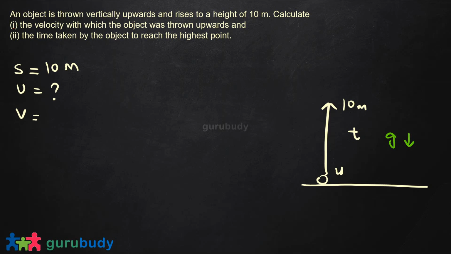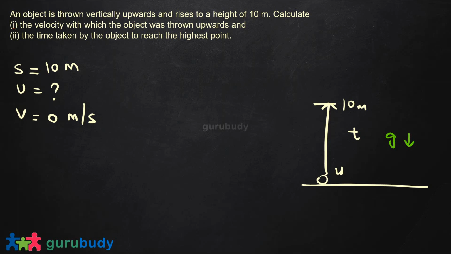Final velocity is what happens to the object when it reaches the height of 10 meter. It rises to a height of 10 meter, and that's the maximum the object can go with the initial velocity we provided. So finally, the object is stopping there and coming back, because at that point the object goes up and then starts coming down, so at that final point, the velocity is 0.